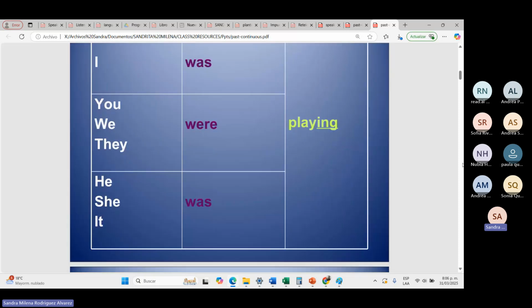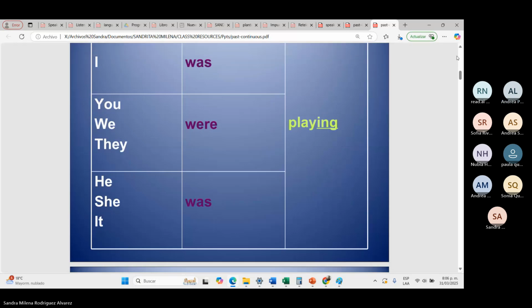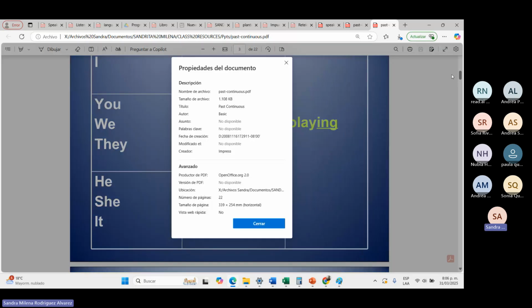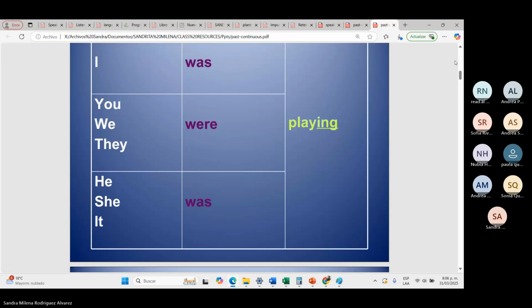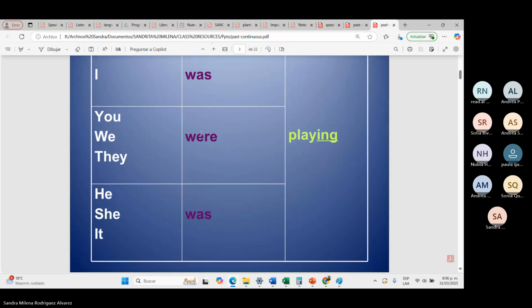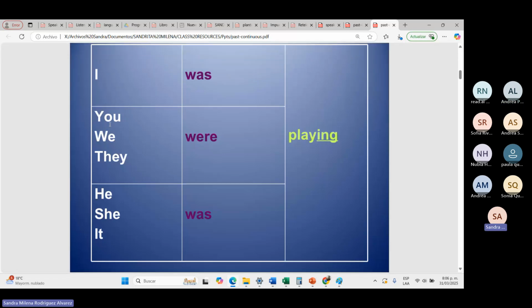What is the structure of these sentences? These sentences include the subject, which could be I, you, he, she, it.